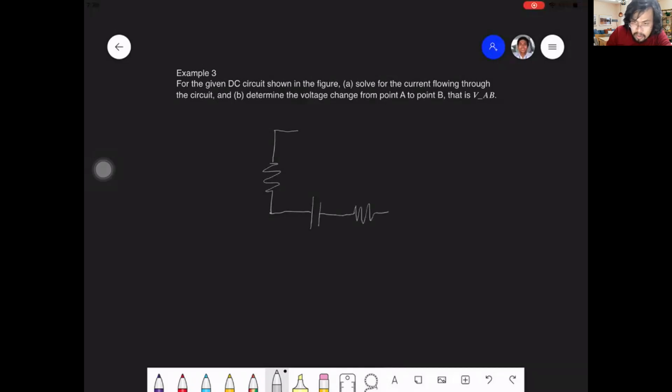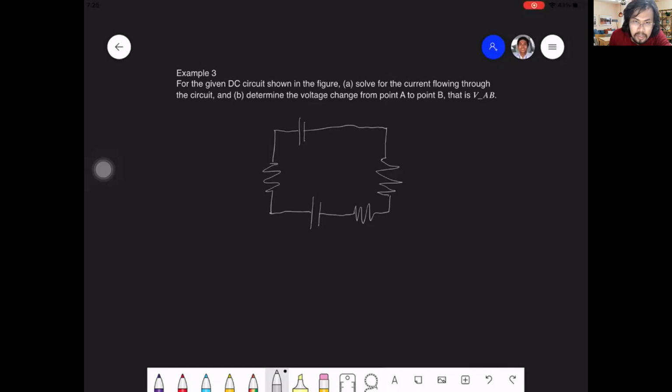We have two voltage sources as shown. One that is 10 volts and another that is 4 volts.